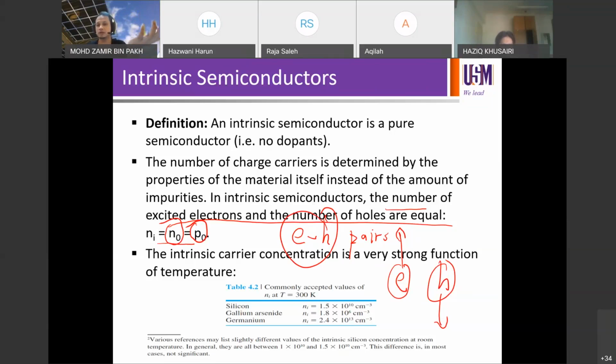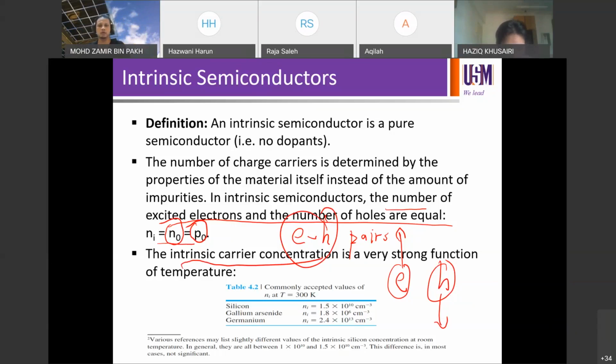So your f(E) is higher means you can find more electrons at that particular energy state, the probability of finding that electron. When the probability is higher, that means you have more electrons that can be found by the Fermi-Dirac distribution function. Therefore, thermal excitation at higher temperature will give you more and more excitation, and more intrinsic concentration will be produced at higher temperature.